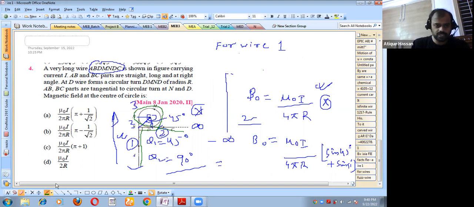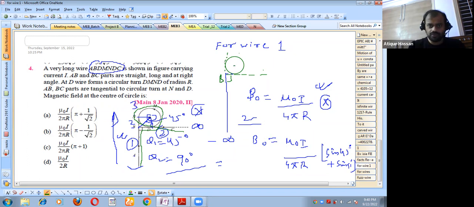For wire 1, the wire is going like this and it is turning like this. So here we are getting the circular portion. But the wire bends here. The point B is here and the wire bent like this. So the center is like this.